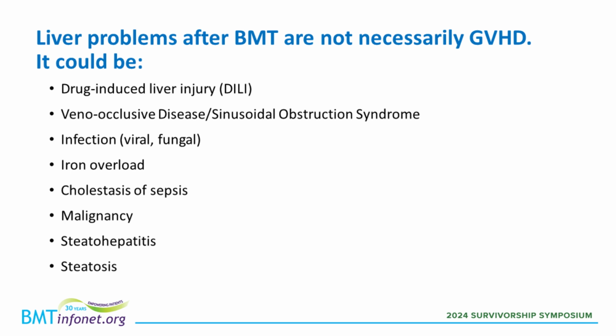So there are common mimics to graft-versus-host disease, very commonly drug-induced liver injury, which, as it sounds, could be a medication that you received that, for whatever reason, had side effects where it caused damage to your liver. It could have been an infection. So we do check hepatitis B and C prior to stem cell transplantation, but should be routinely checked to make sure that that is ruled out.